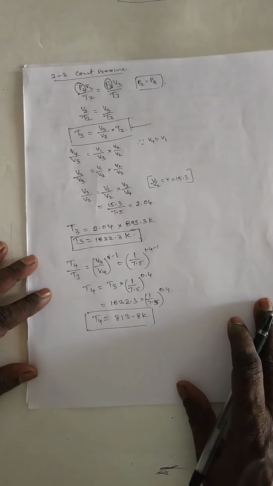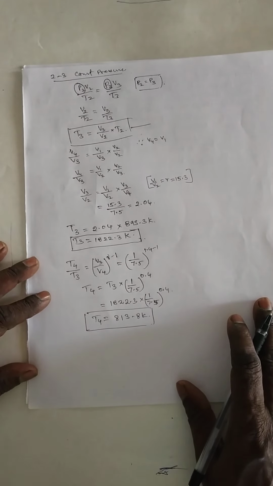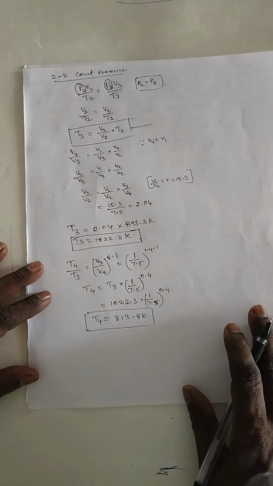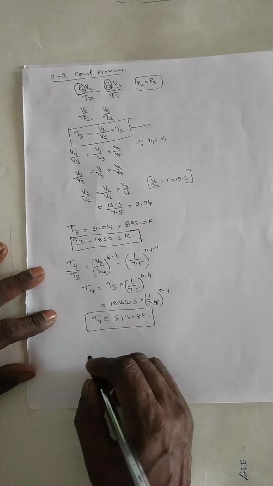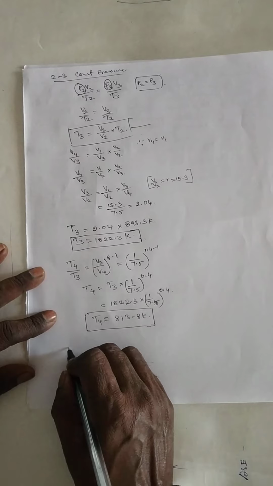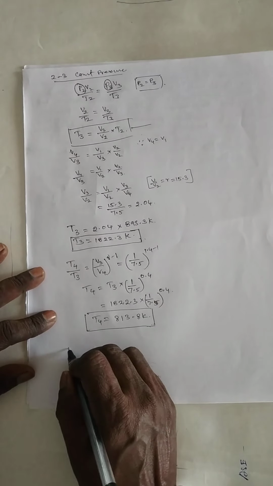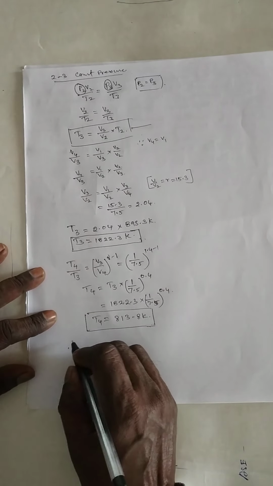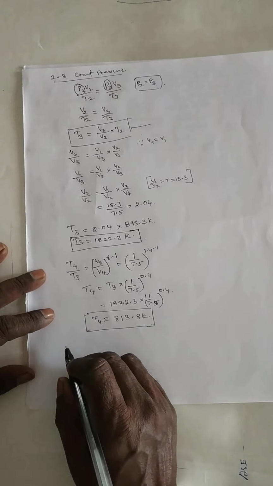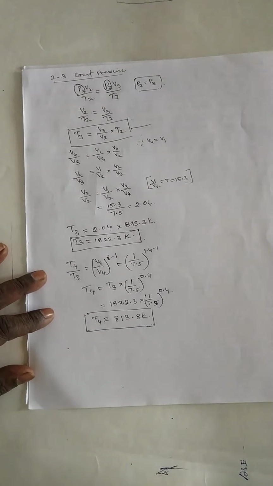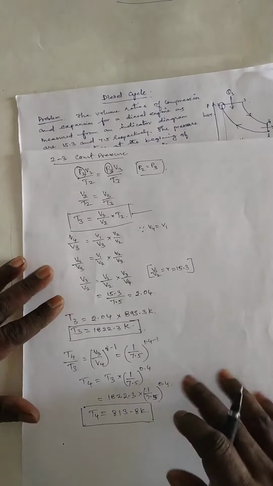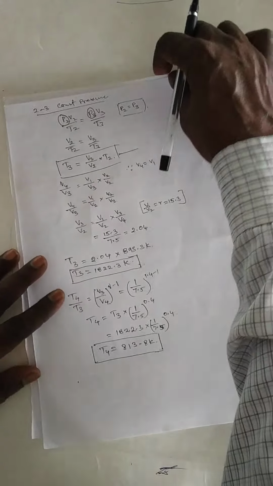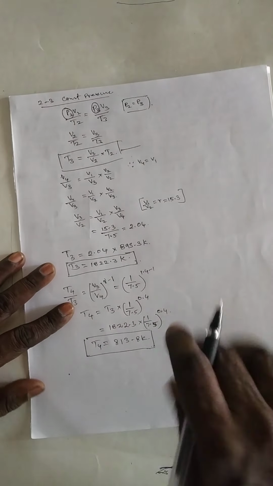Okay, is this clear? Now it is easy for us to calculate. Before that we have to calculate the M value, that is mass flow rate. Considering the process 2, at the destination 2 we are going to take the value, because mass is always constant throughout the cycle.